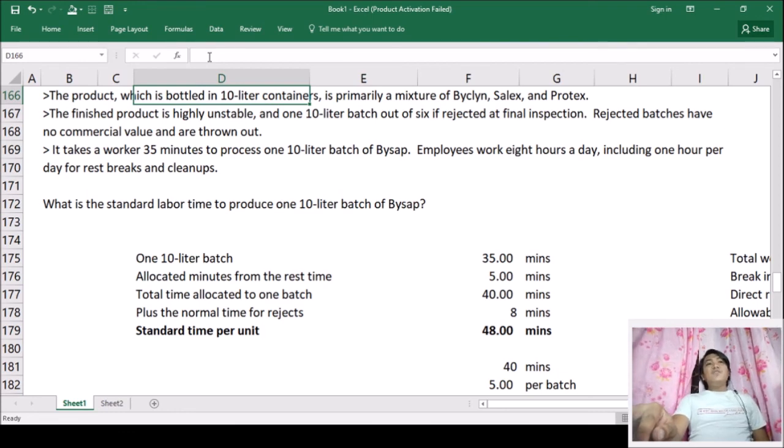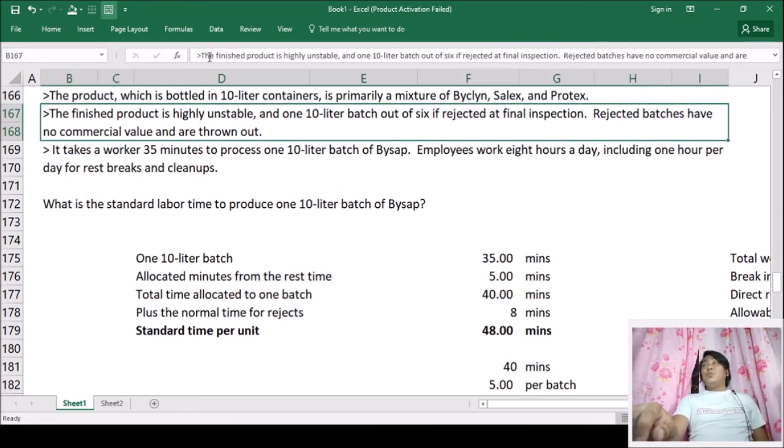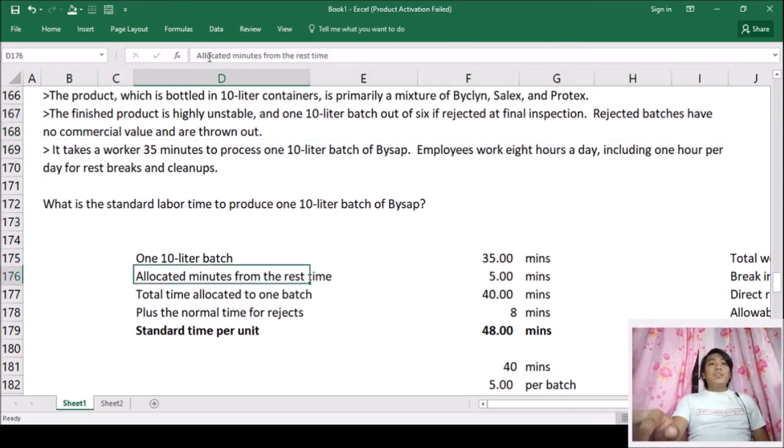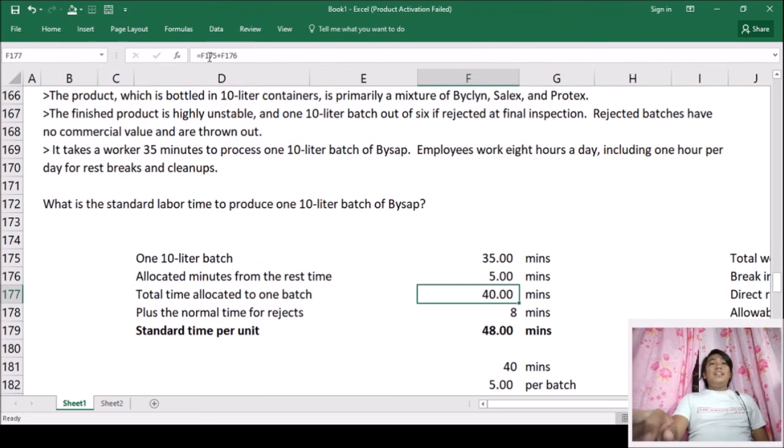Rejected batches have no commercial value and are thrown out. If these rejected batches are thrown out, their time shall be absorbed by the batches that were successfully inspected. Take note that each batch is required to have 40 minutes.